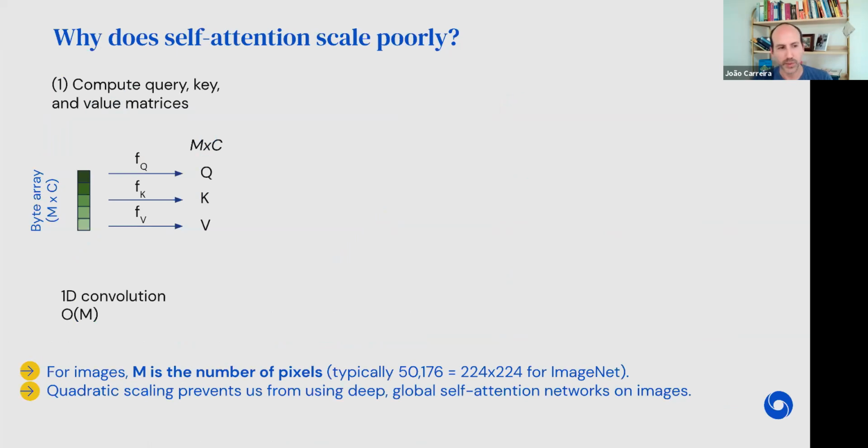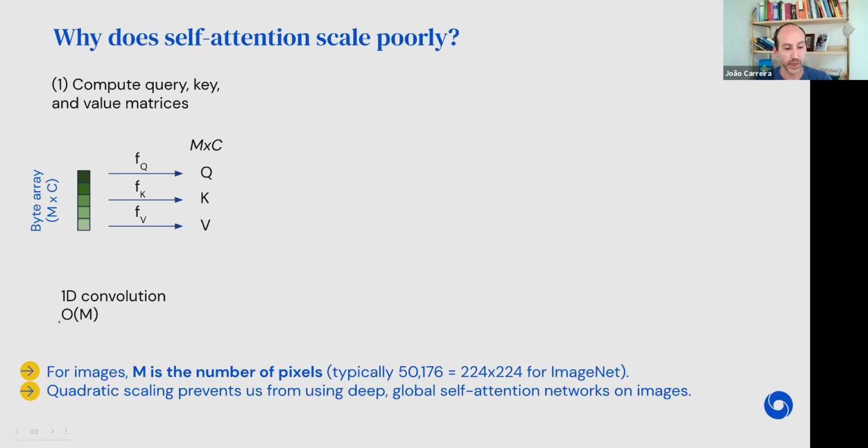So let me just go through why self-attention in transformers scales poorly. As you may know, let's say that we have these inputs, let's say an image. I call here a byte array, a bit like in the Matrix. You have these bytes, but it's m inputs, each with c dimensions.